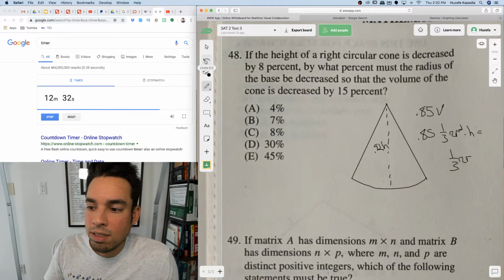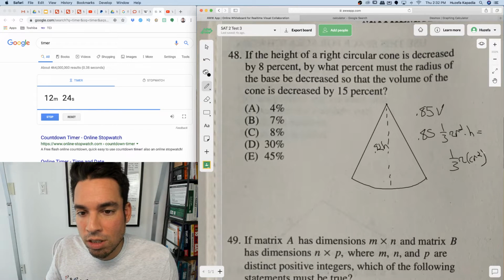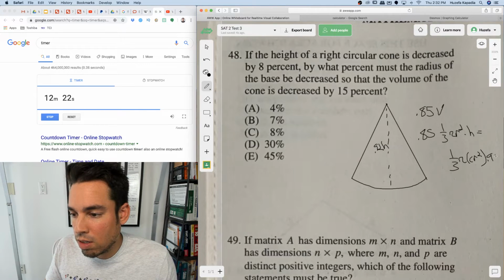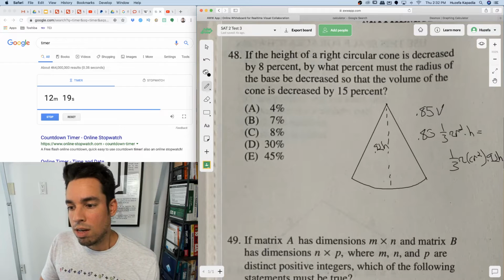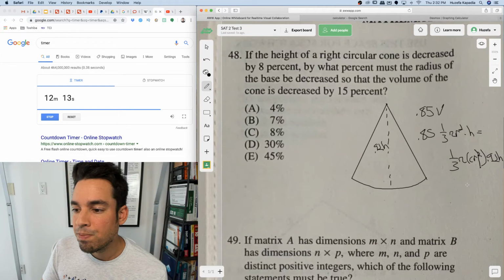Oh, I know, I'll set a c value. Here we go. Pi times c r squared, and that's my percentage, that's what we're solving for, times h, and then h is decreased by 0.08, so it's 0.92 h. Okay, now I've got these two, and now I've got to solve for c. Oh, wait, this whole thing is squared. I put the square in the wrong spot.